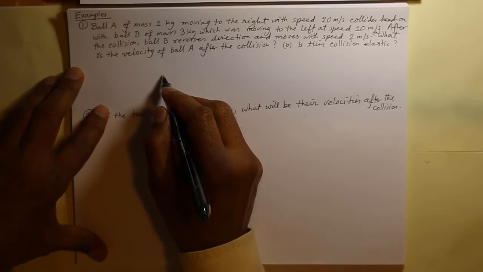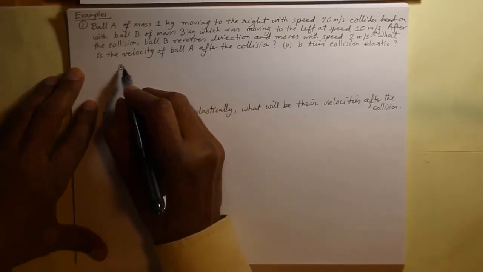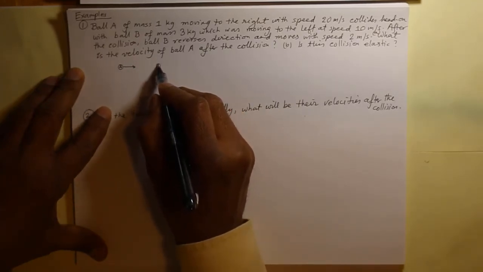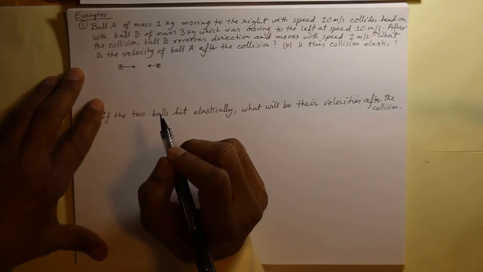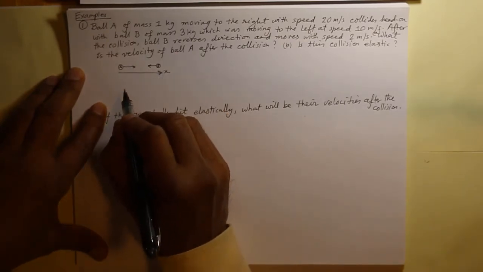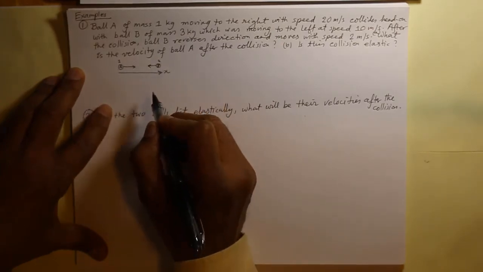So it seems like ball A is moving to the right and ball B is moving to the left, and maybe the x-axis is that way. So this is, we can just say, 1 and this is 2.